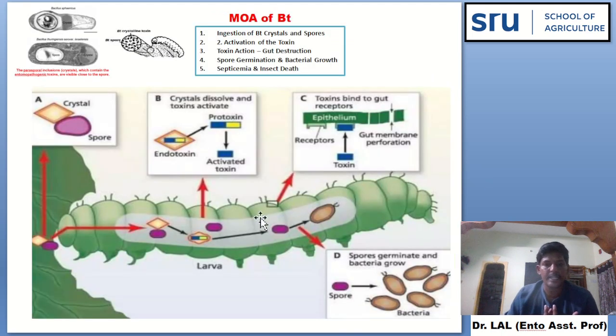See here a clear picture. Ingestion of the Bt crystals and spores. The crystal dissolves in the insect midgut alkaline pH, and the inactive toxin becomes an active toxin of 60 to 70 kilodalton.